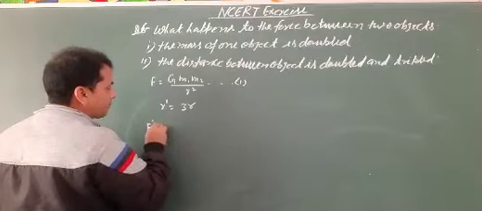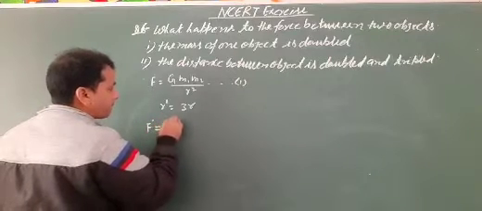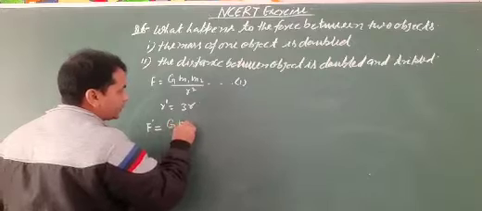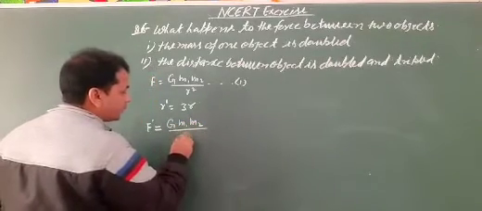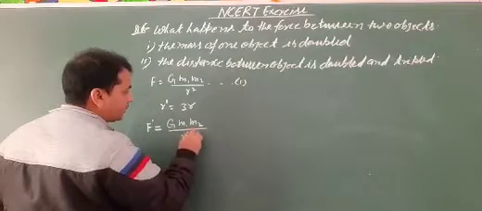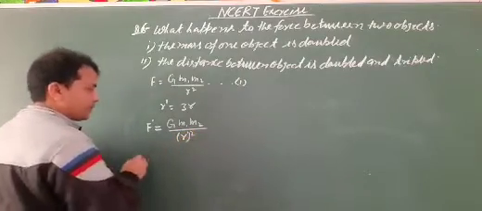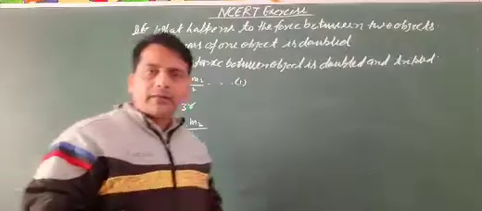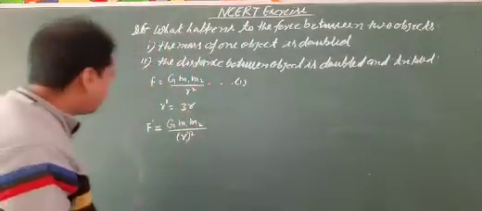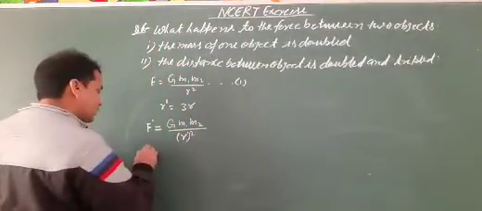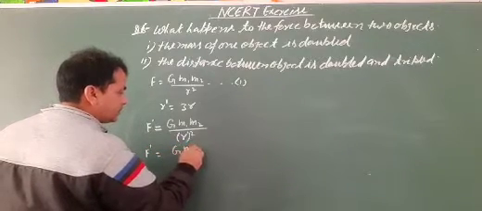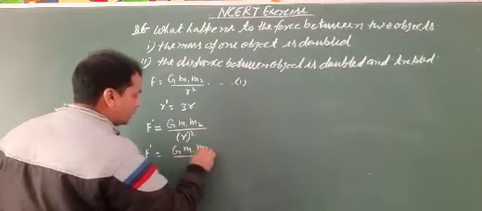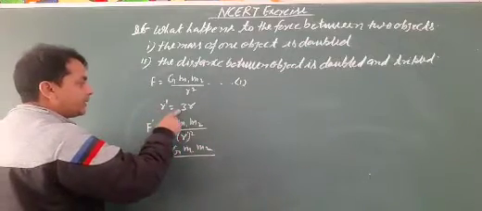G m1 m2 by r dash square. So in the place of r dash, equal to 3r, F dash equals G m1 m2, and in the place of r dash we can write 3r.